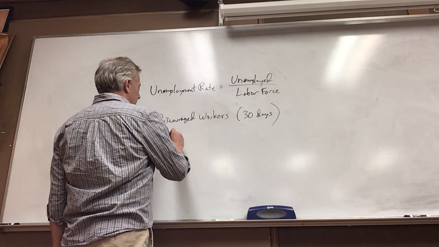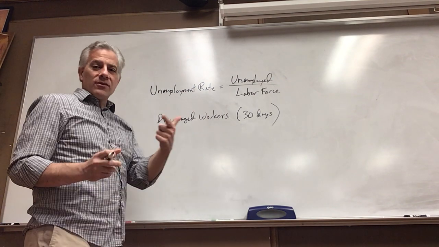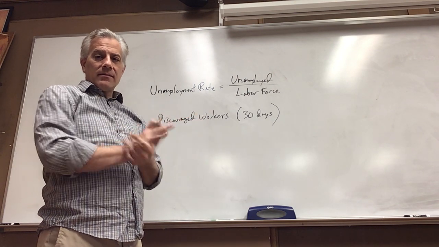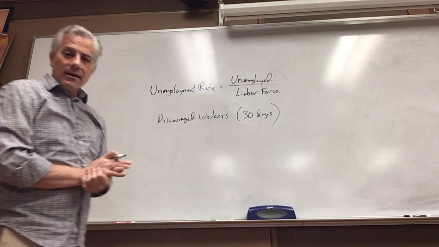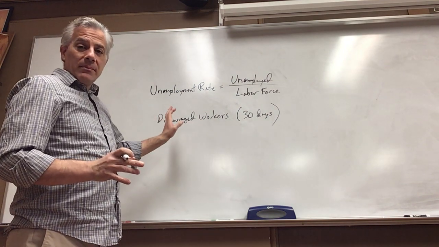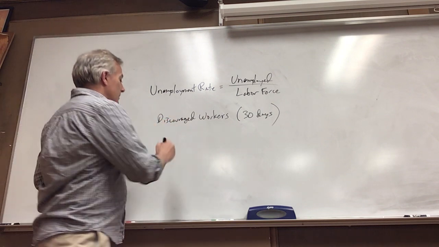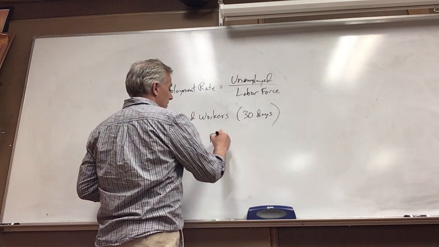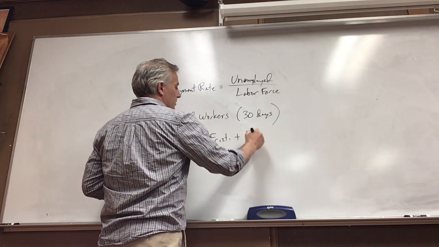The natural rate of unemployment, remember frictional, structural, and cyclical are the types of unemployment. Check your notes for that. I don't want to make this video any longer than I have to because I'm worried people are going to zone out. The natural rate of unemployment equals frictional plus structural.